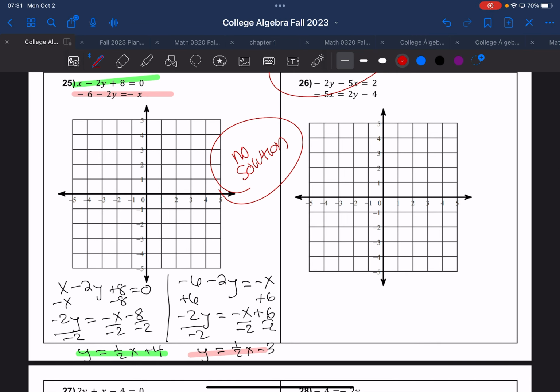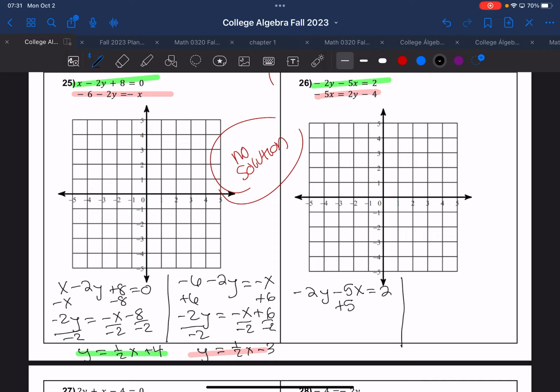Okay, now looking at 26. What's our overall big picture step we need to do? Get y by itself. So in the first one, we have negative 2y minus 5x equals 2. What do we have to do to get y by itself?